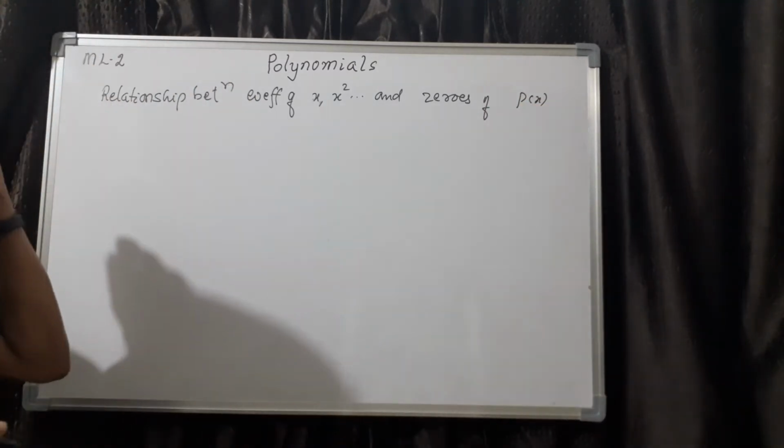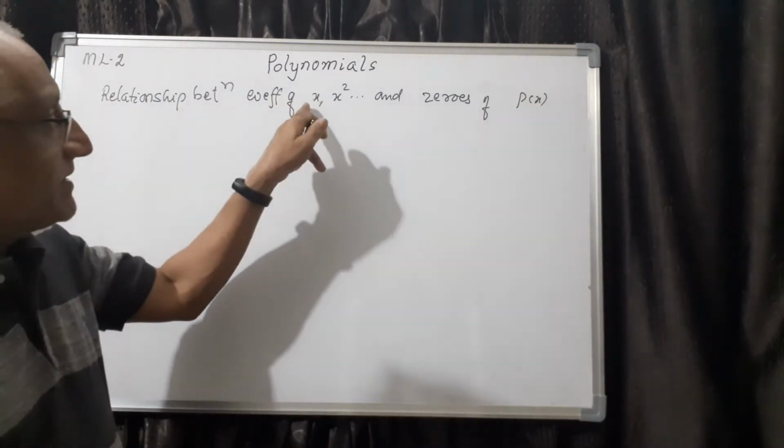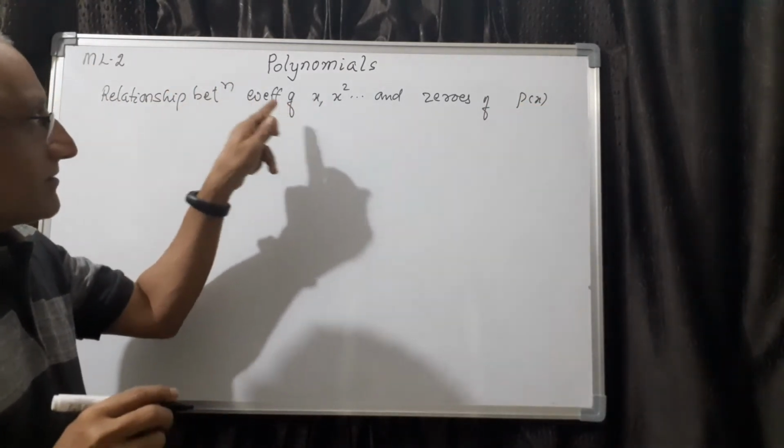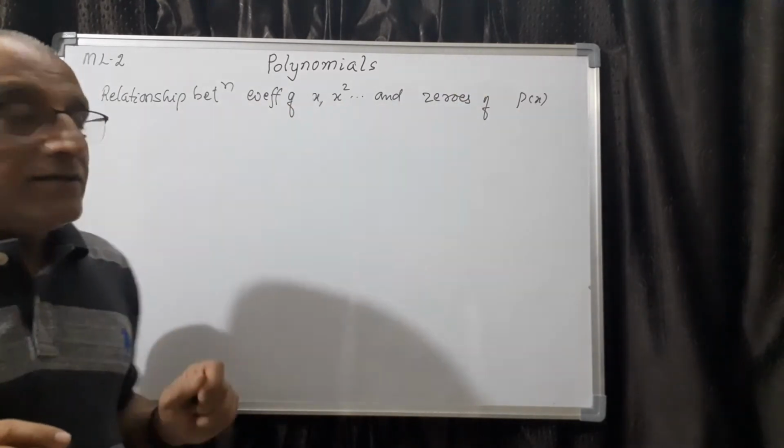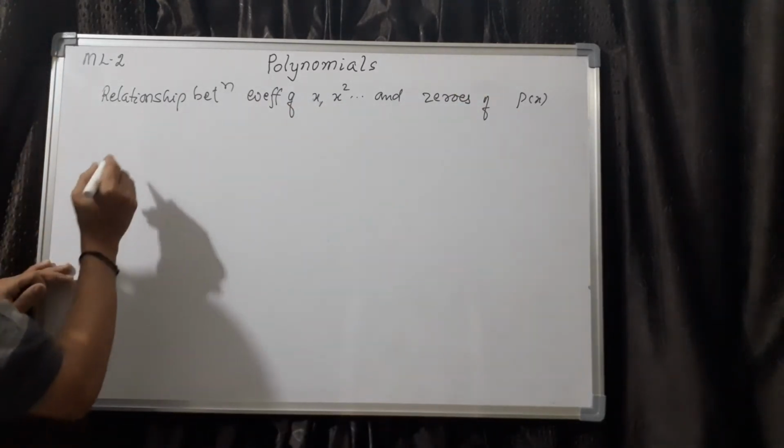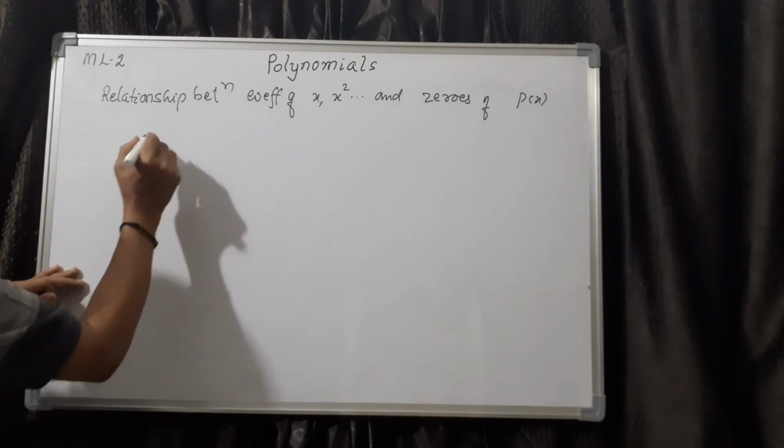So there is a beautiful relationship between the coefficients, including the constant, and the zeros. Let me first explain what is the relation.